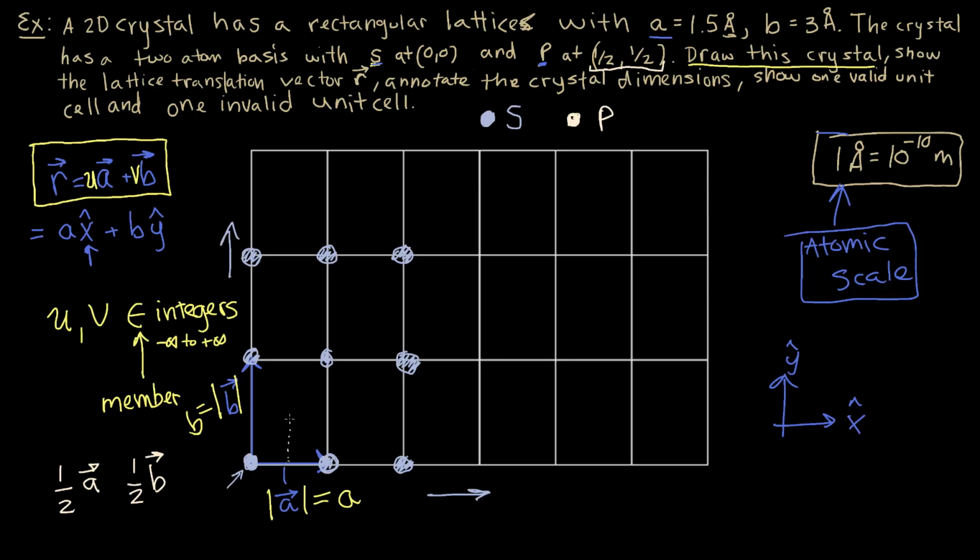So what I can do is bisect each vector here and move 1/2 in A in the X direction, 1/2 in B in the Y direction, and that is where my first P atom is going to fall.